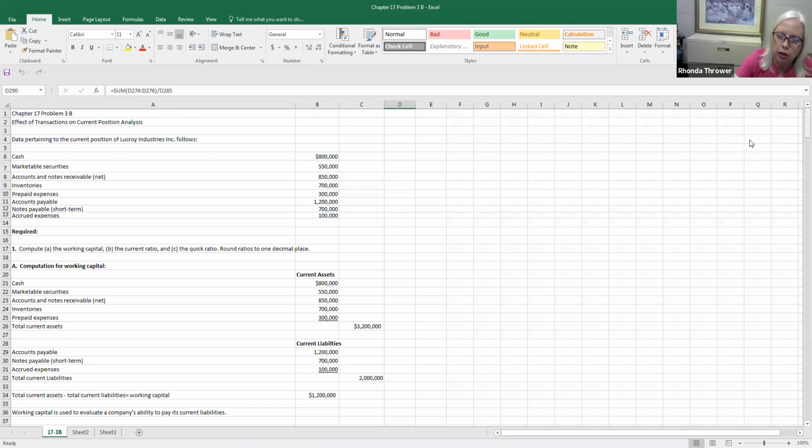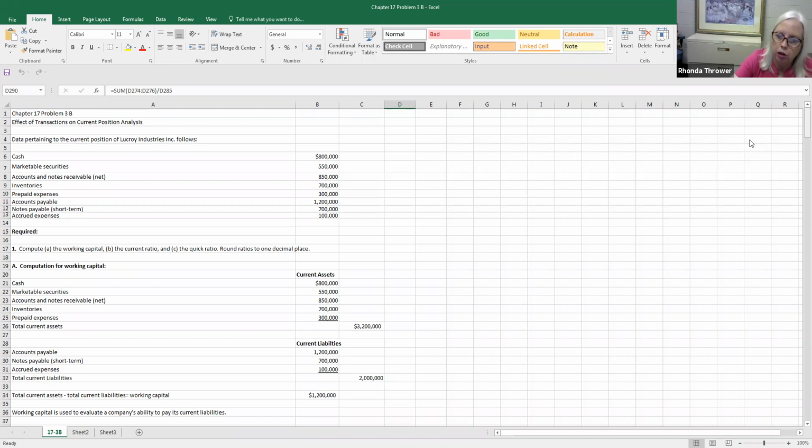But your total current assets don't change, because it's an exchange of one current asset for another current asset. Your current liabilities wouldn't change. Your working capital is still going to be $1,200,000. Your current ratio is still going to be 1.6, which is your total current assets divided by your total current liabilities.